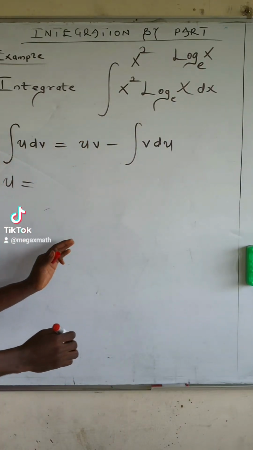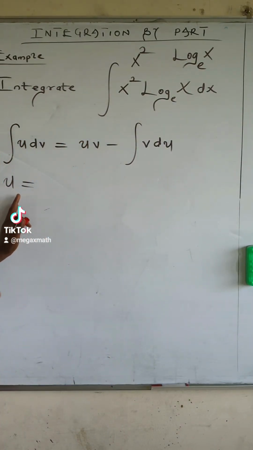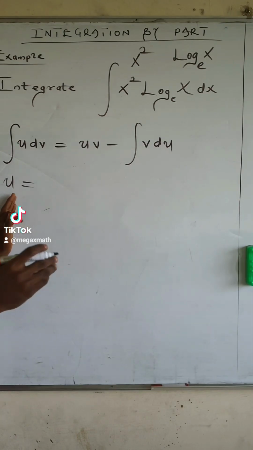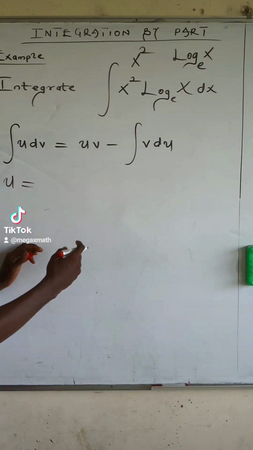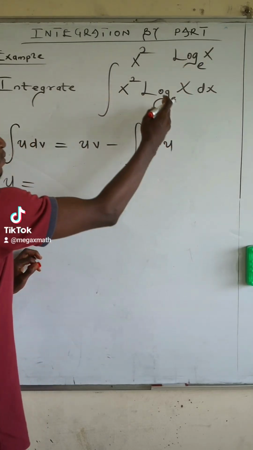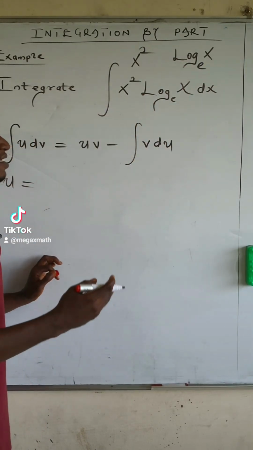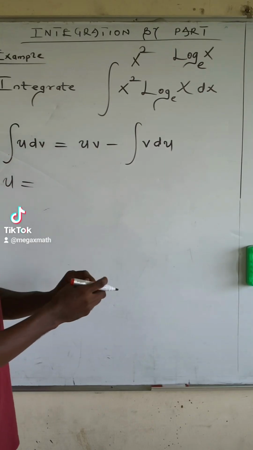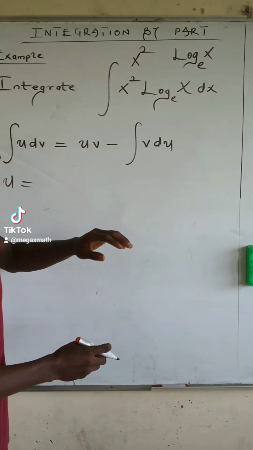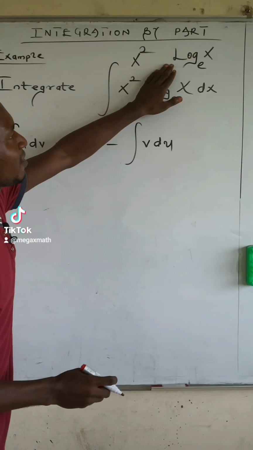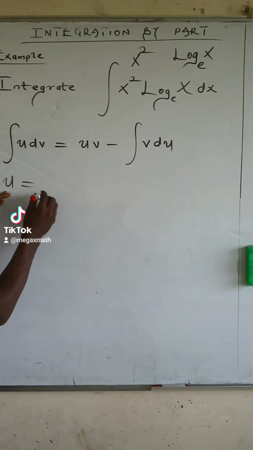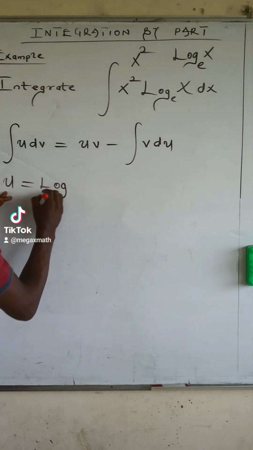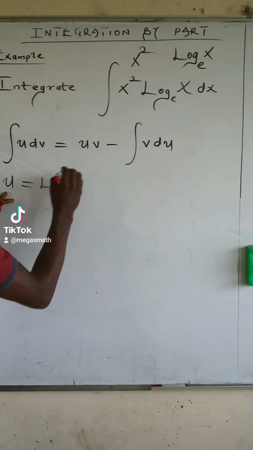A simple process is to understand which function is easily integrable and which is easily differentiable. It is easier to differentiate the log function than to integrate it. So we let u be the log of x to base e.